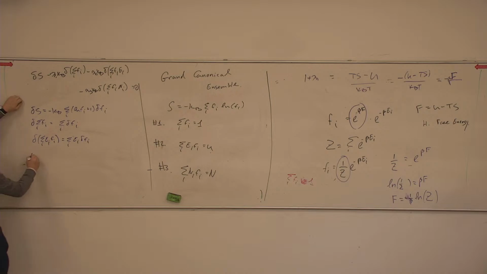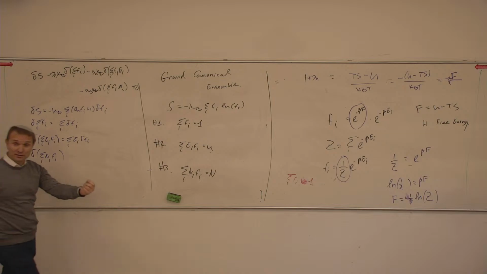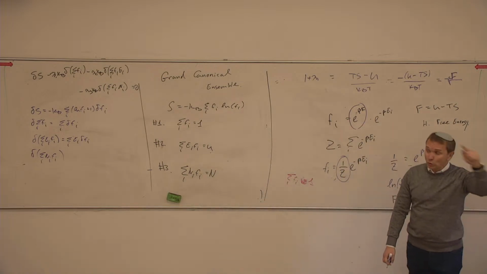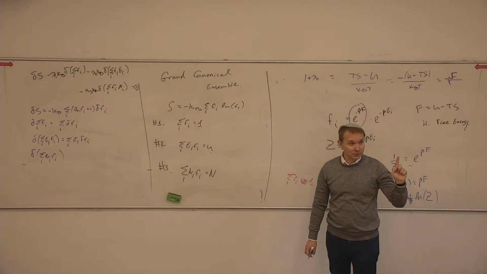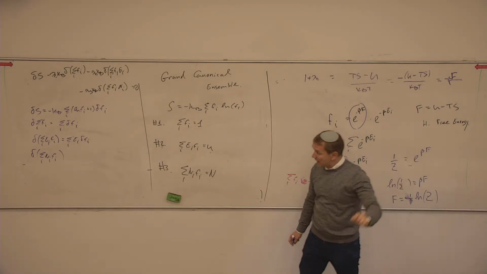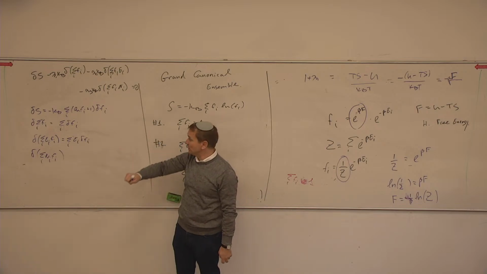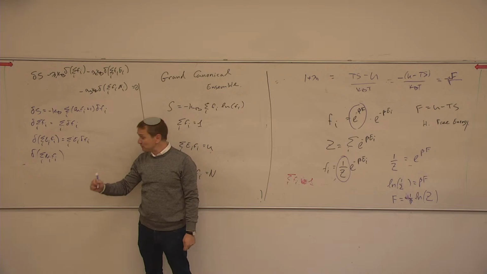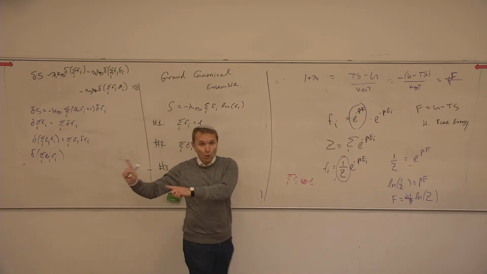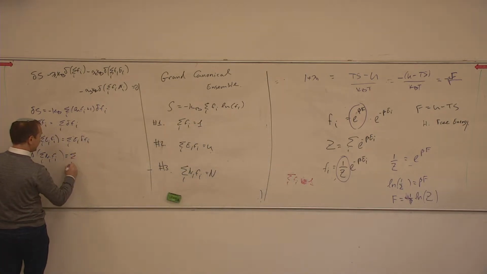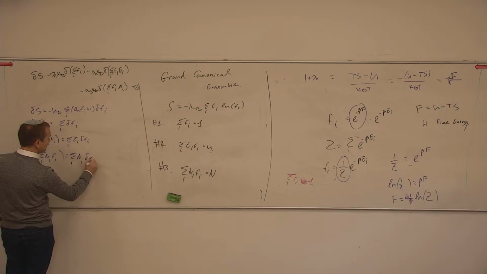And I also know what delta of the sum over i of N_i f_i is. Why? Because as in the case of energies, where I fix the energy of this specific state and I'm not modifying it, the same happens for the number of particles. There is a state, and this state is associated with a specific energy and a specific number of particles. Those parameters are fixed and I'm not modifying them. Therefore, it's just the sum over i of N_i delta f_i.